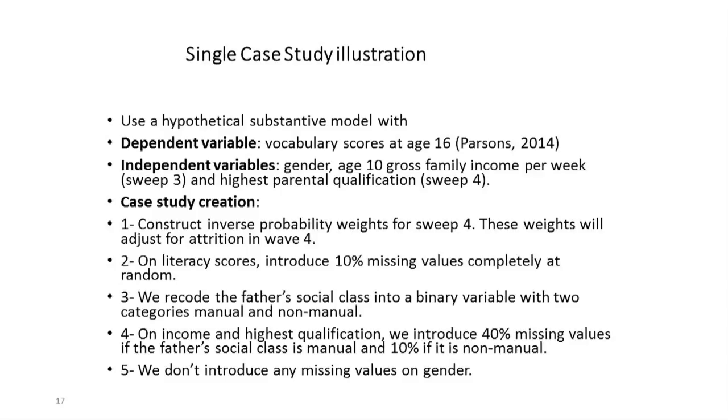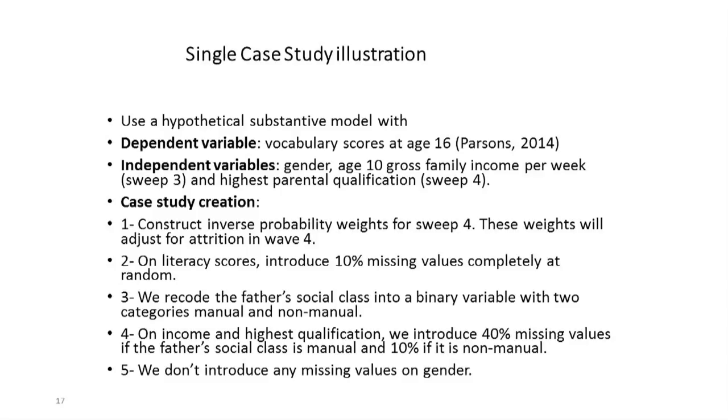We're going to construct inverse probability weights for sweep 4, and we're constructing a hypothetical scenario. We take the data we've got available at sweep 4, condition on those respondents who have complete data for our substantive model, and then impose a pattern of missingness on that sample.